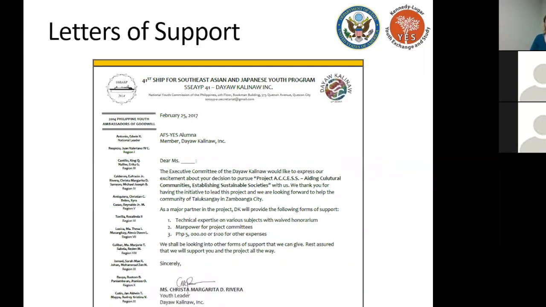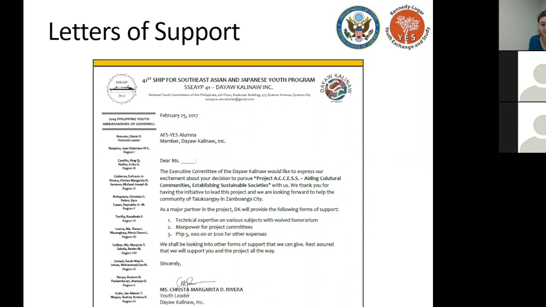Letters of support. Strong project applications have partners, and partners who provide a letter of support to indicate their involvement. The letters must be in English, and it's fine for you to translate it if it's not in English.